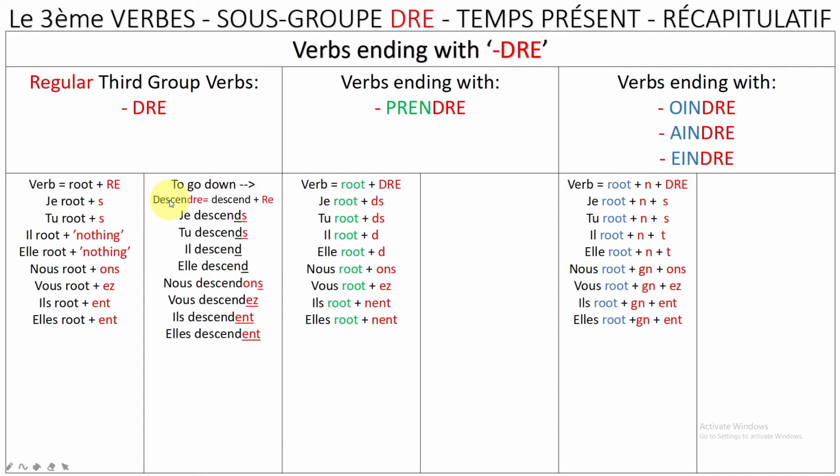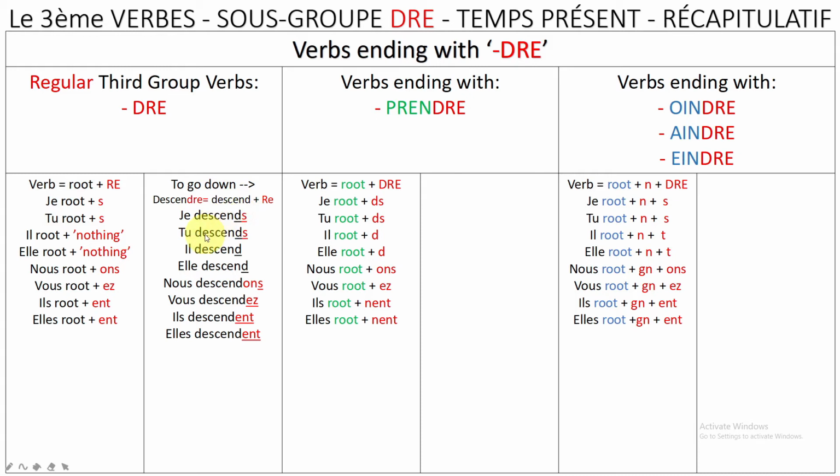So for the example, I'm going to take descendre for the first one. So what they say if the verb ends with DRE, to get the fixed part, I'm going to remove RE. So here it will be the verb plus RE. Okay, for any verb ending with DRE, I need to get the fixed part, I need to remove RE from the verb. Okay, now for je, I need to add S. So this is the root.